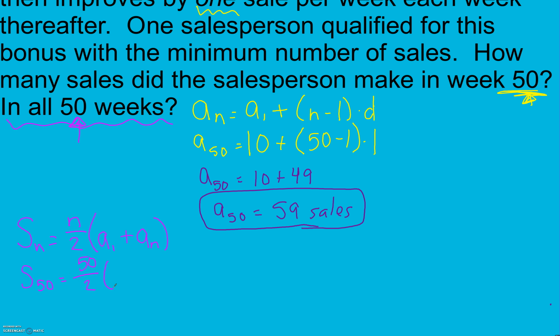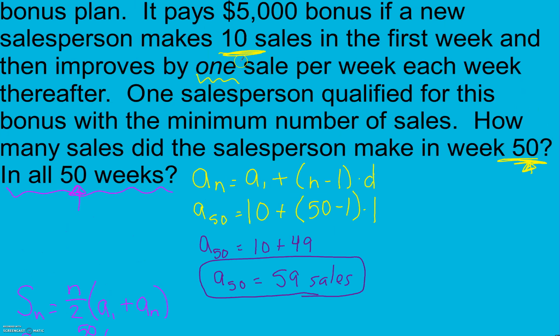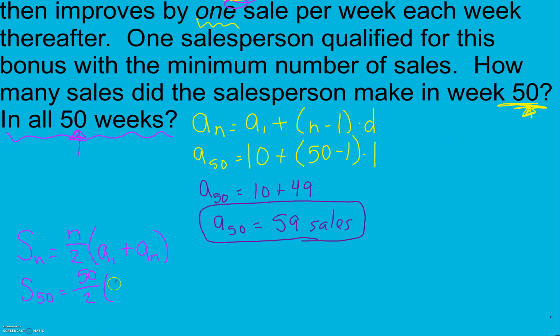Our first term again is 10 right here. And the amount of our 50th term is 59.